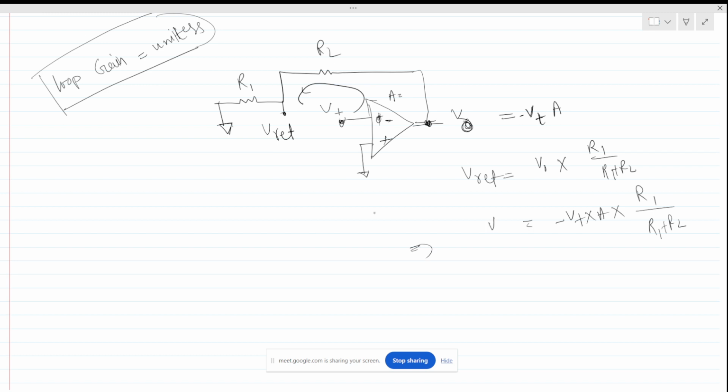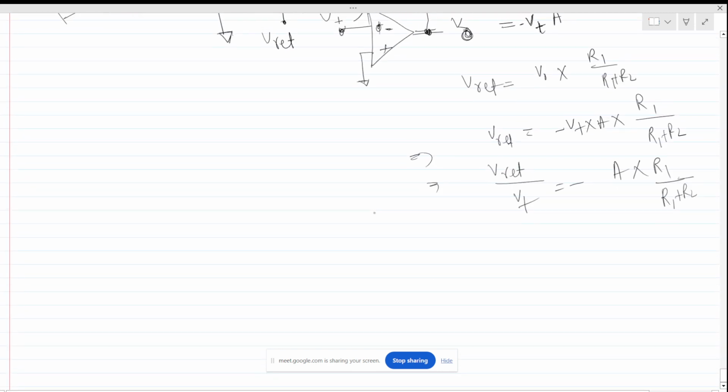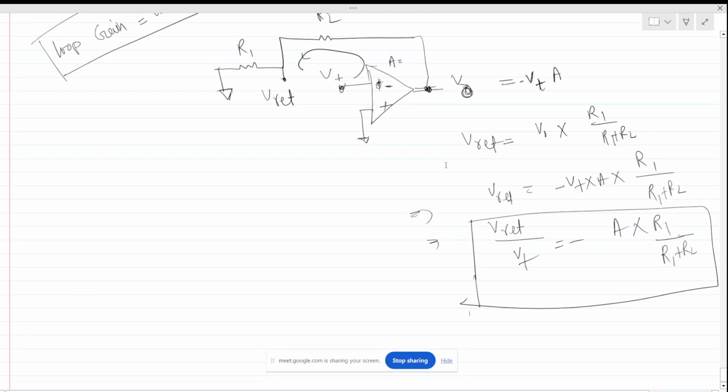So V return by VT is minus A times R1 divided by R1 plus R2, right? So this is the loop gain. Actually, the loop gain remains the same for the non-inverting case, right, Sijan?